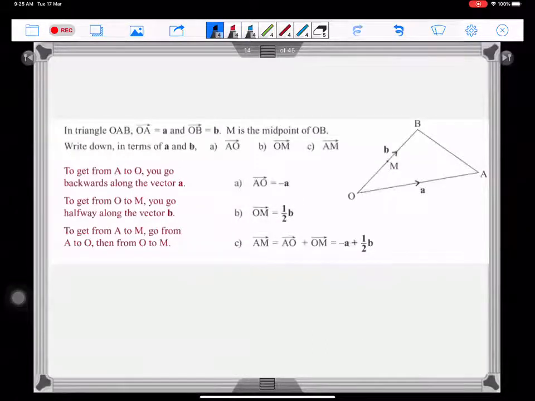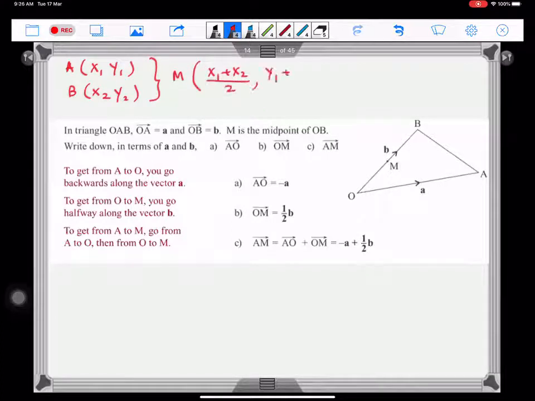In a triangle OAB, OA is A, OB is B, M is the midpoint of OB. Remember, we talked about M also earlier on. We said that if I use coordinate geometry, if A has coordinates x1, y1, B has coordinates x2, y2, then the midpoint M has coordinates x1 plus x2 divided by 2, and similarly y1 plus y2 divided by 2.